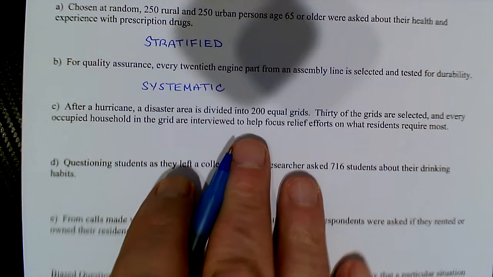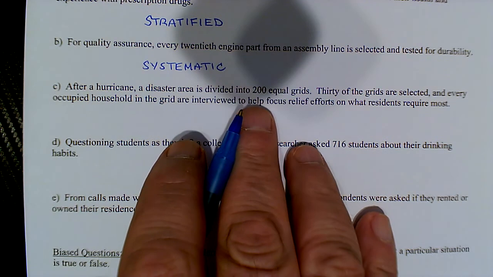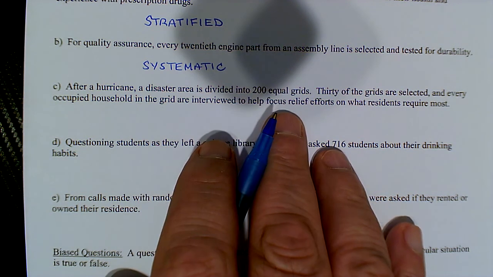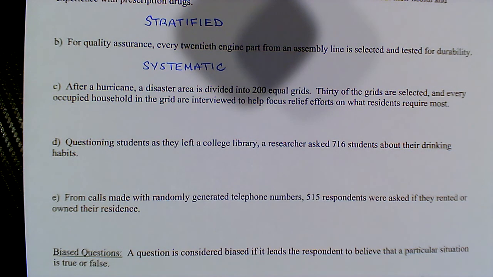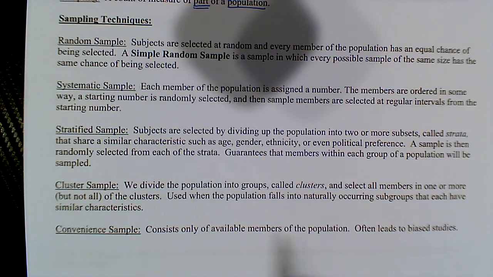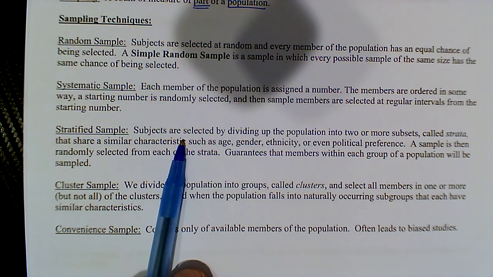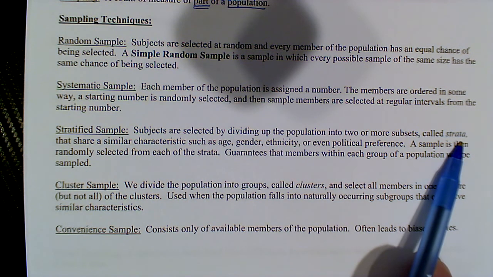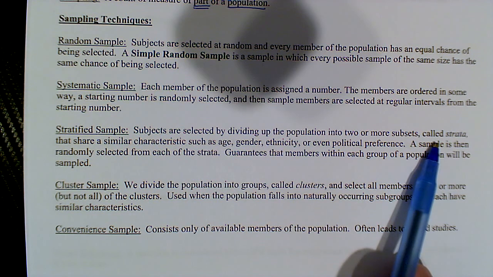After a hurricane, divide a disaster area into 200 grid and choose 30 of them. So notice, let me flash the definitions again to show the difference between stratified, where we had two or more subsets called strata, and we picked a subset of each.